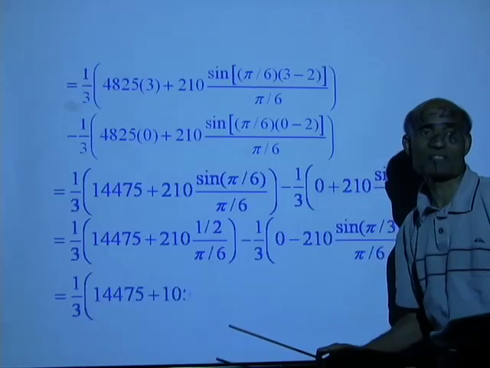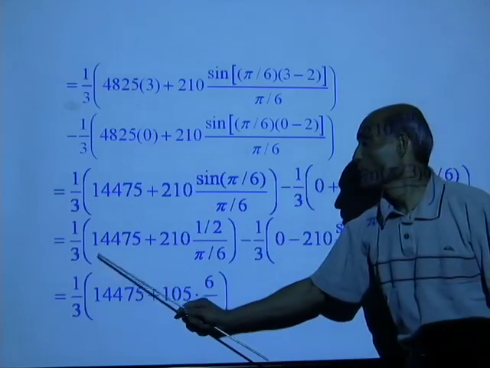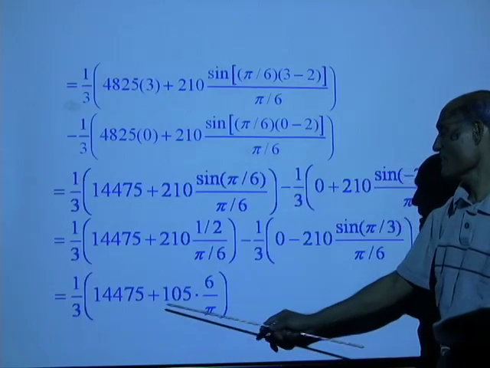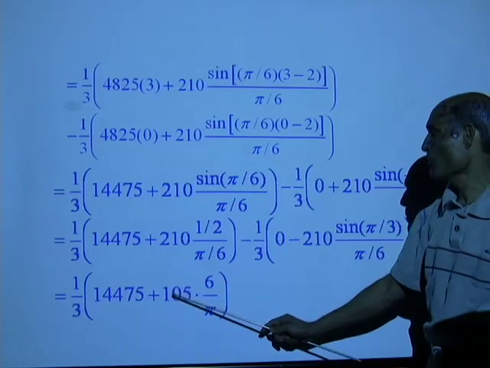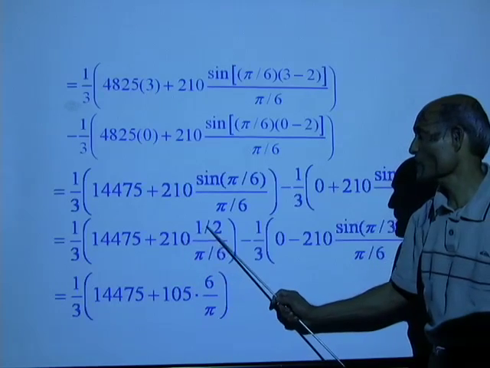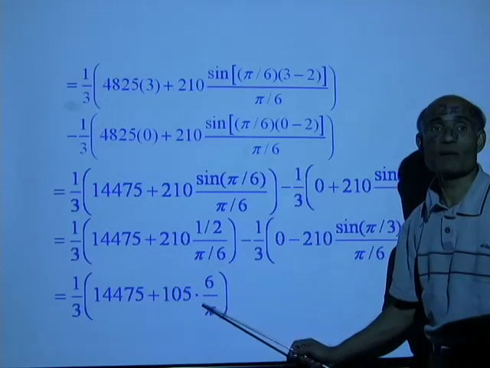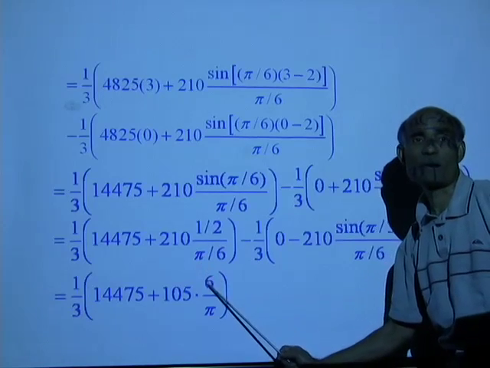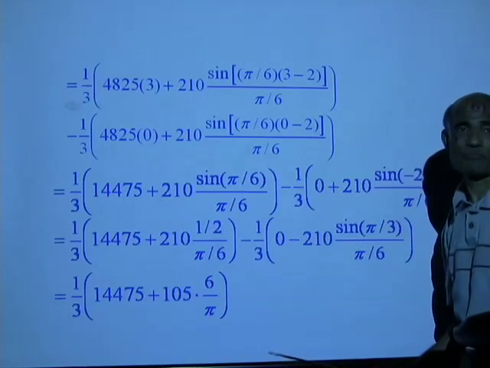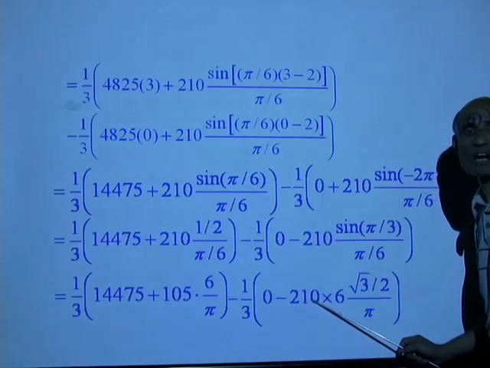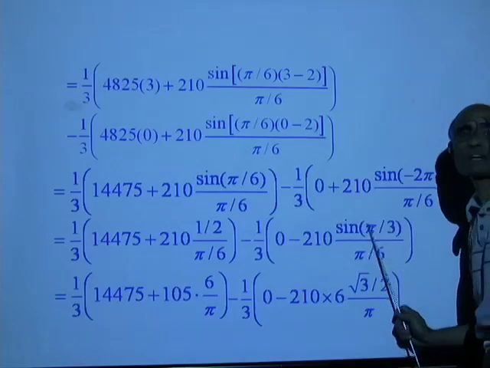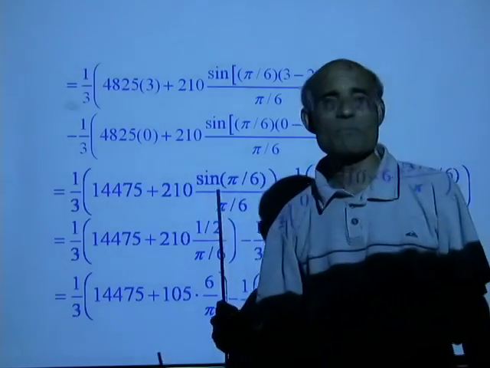Now you can evaluate this using your calculator. That will be 1/3 of 14,475 plus 105. That 105 comes from 210 times 1/2 divided by pi by 6, where the 6 goes up. Minus 1/3 times 210 times sine of pi by 3. What's the value of sine pi by 3?